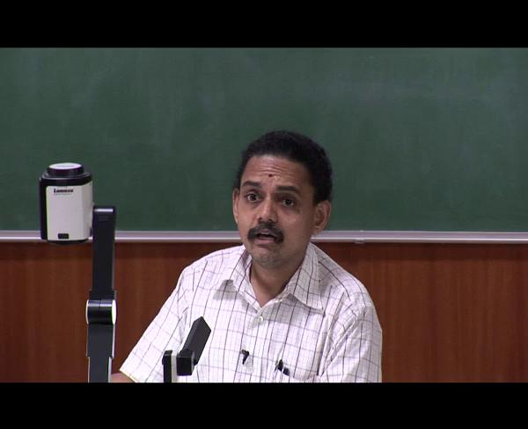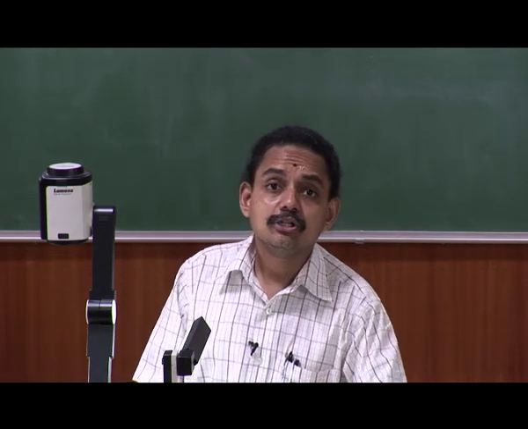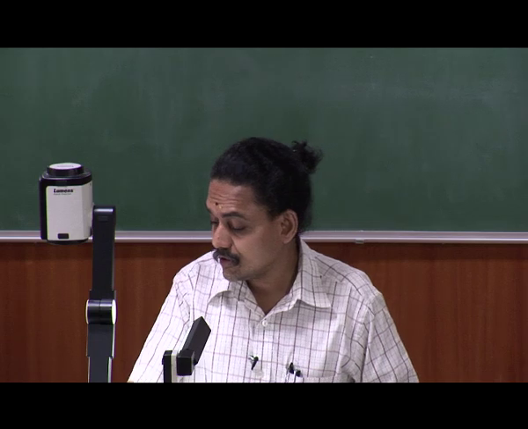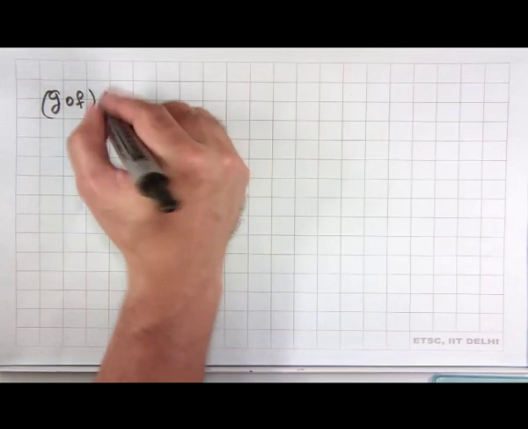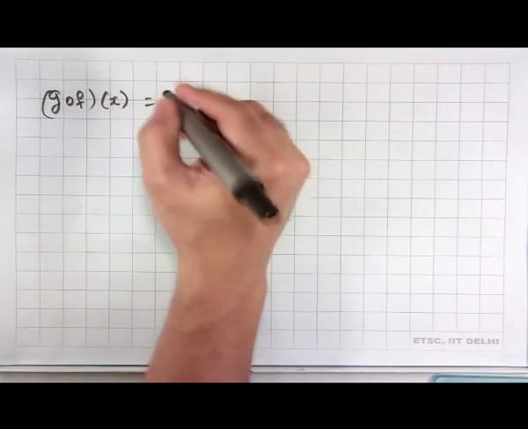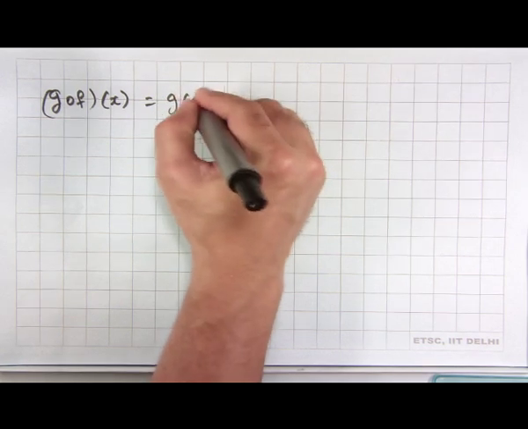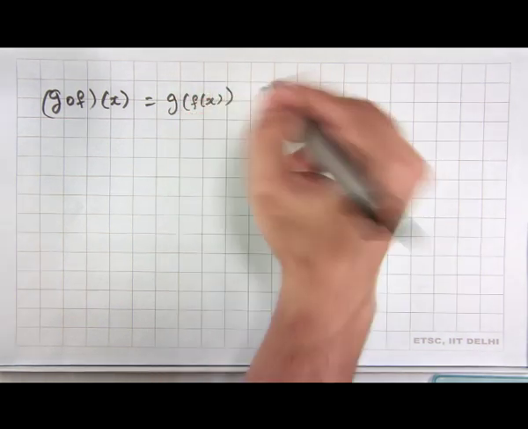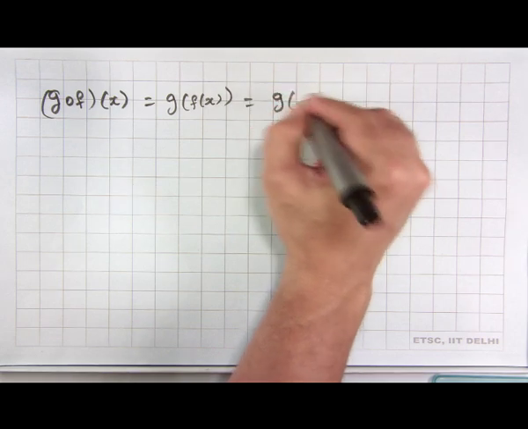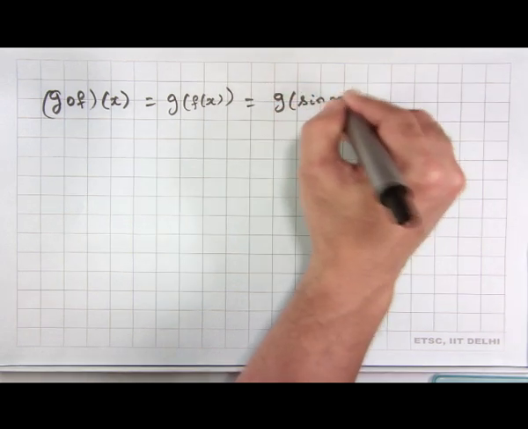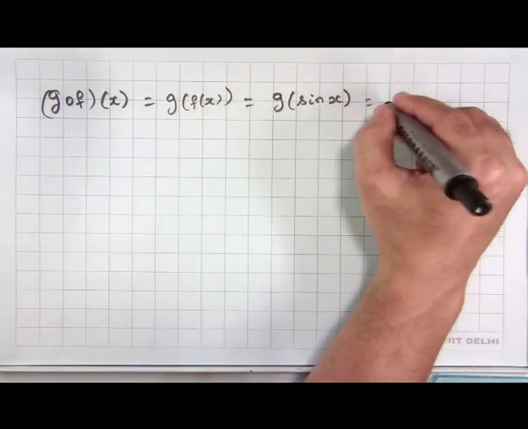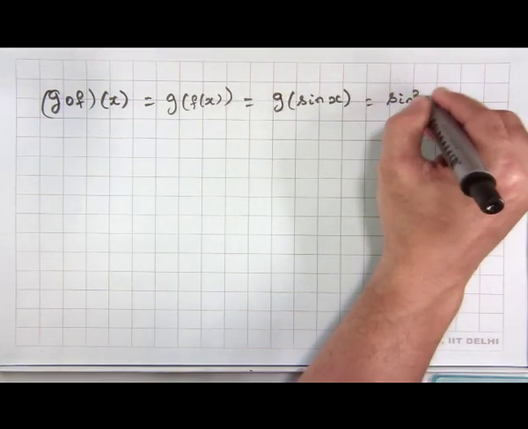On the other hand, g composed with f at x is going to be g of f x, which is same as g of sin x, which is equal to sin square x.